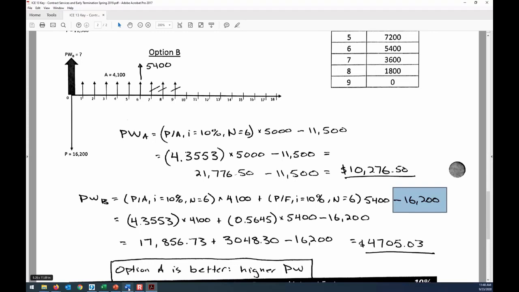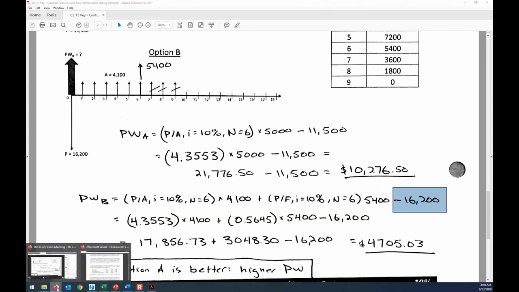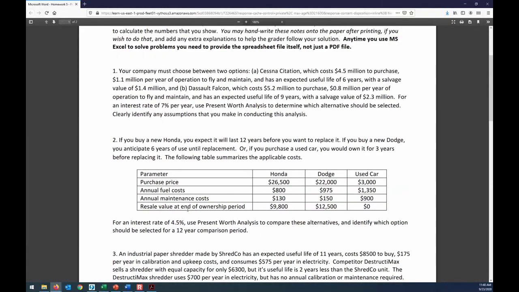So now if we go back to the homework, I'll show you how this applies to the assignment that's coming up. Option 1, you're going to do early termination, and for option 1 you're also going to do repeatability because it lasts for 6 years for one of the options and the other one is 9 years.